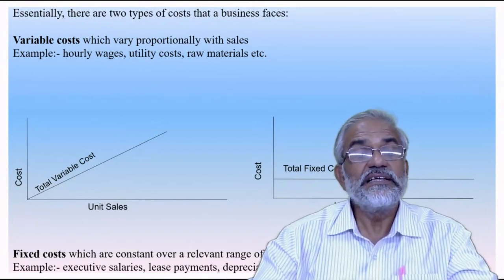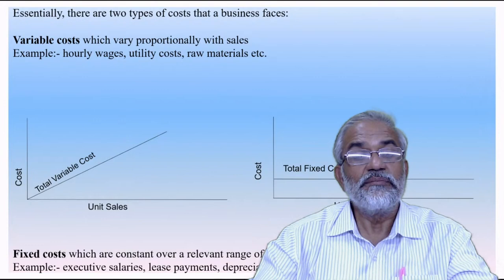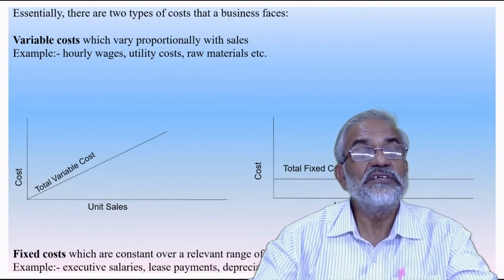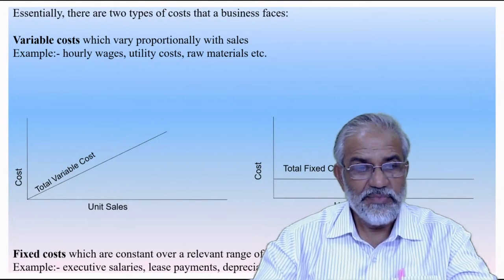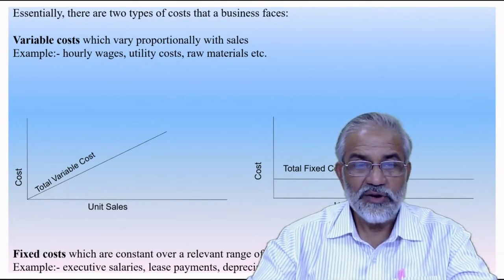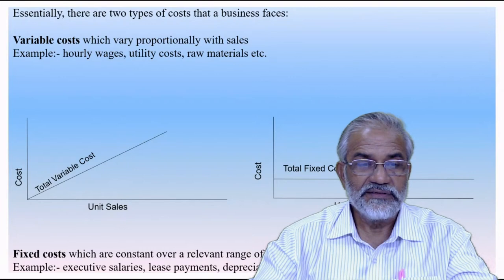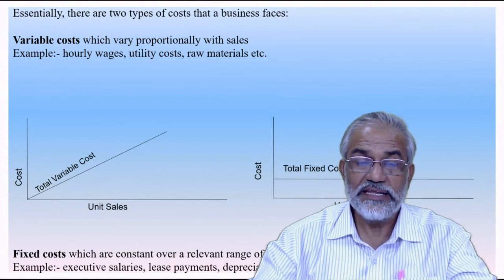If they are represented in a graph, we are measuring the unit of sales in the x-axis and cost in the y-axis. The variable cost will give an upward trend because when the unit of sales increases, the variable cost will automatically increase.